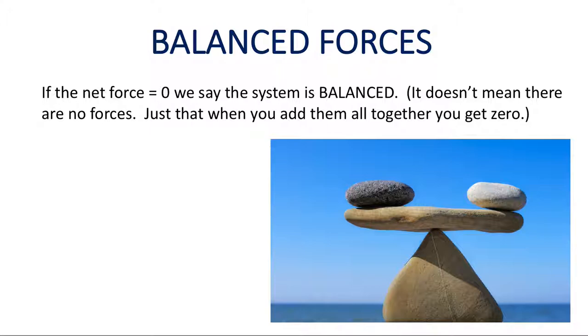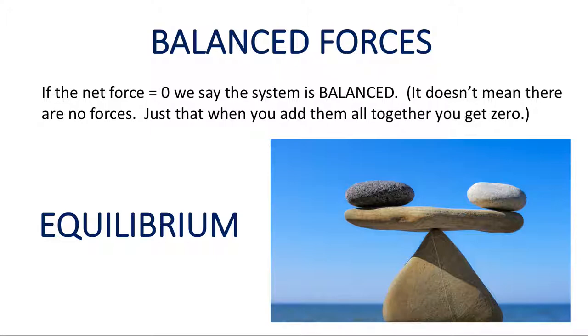It is important that both the horizontal and the vertical analysis gives us a 0. If a system is truly balanced, then we use the word equilibrium. Equilibrium just means that the forces are equal, and so the system won't change.